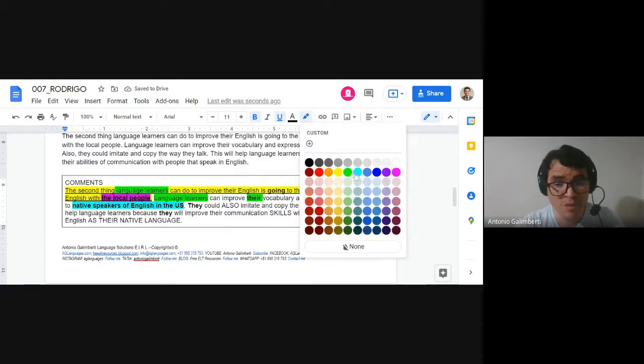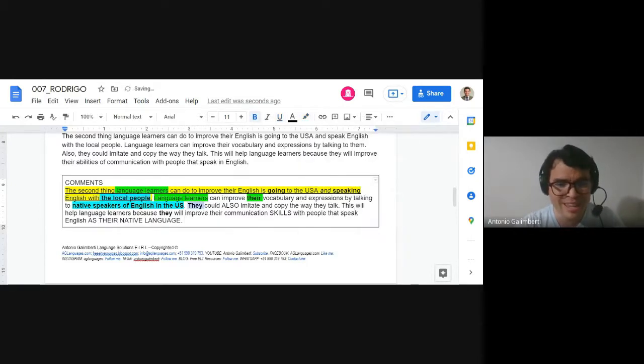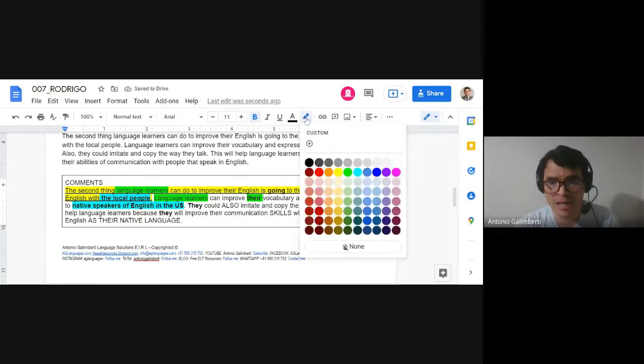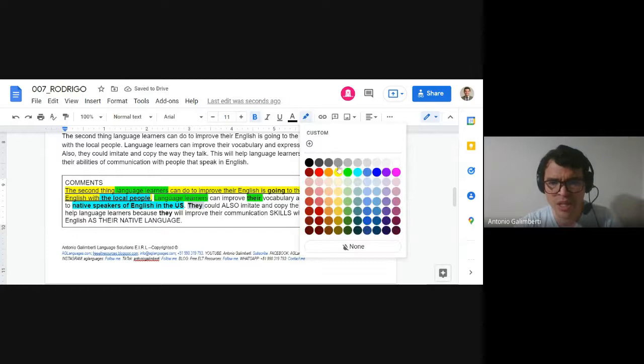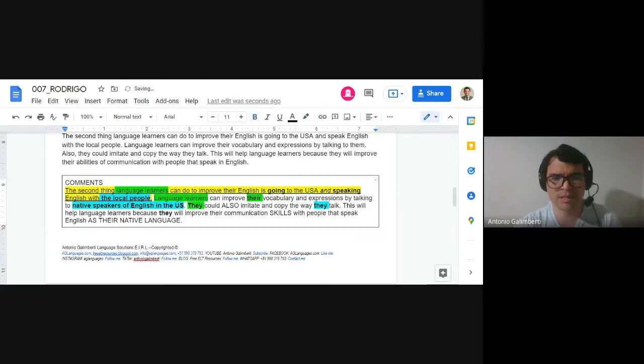So that's something we have to be very careful with. "They": now, what do you mean by "they"? They could also imitate and copy the way they talk. You have two "they" here. So what color is this "they"? I know that this "they" should be light blue and that this "they" should be green. Yes, and I understand that because I have quite some experience reading and correcting paragraphs.